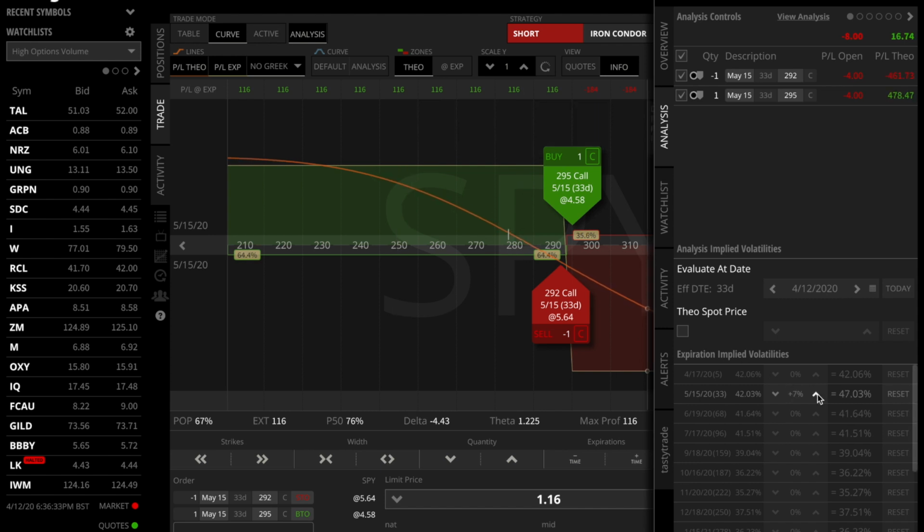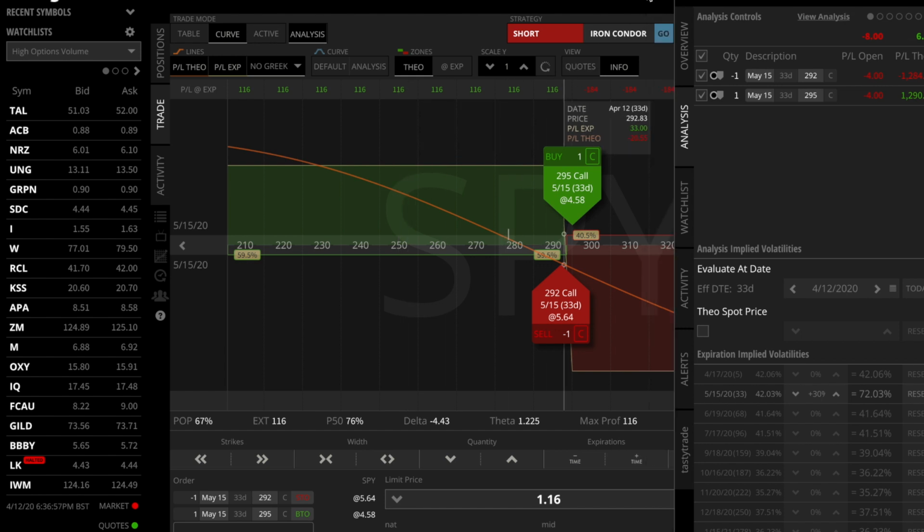But if the implied volatility were to go up, for example, you can see that your P&L as of today would not be 83 anymore. It would be around 56. So that shows there are other major forces, other than just the movement of the underlying stock, that move your option price.